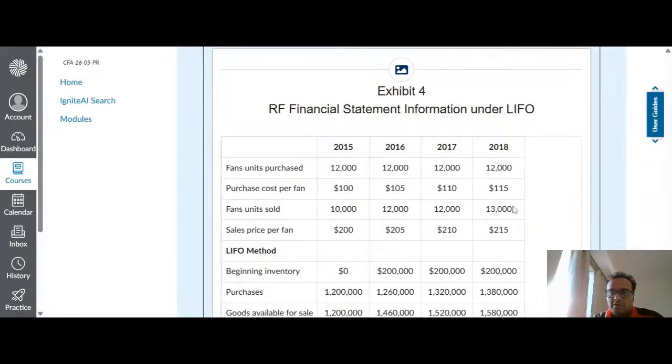It means that in 2018 they have sold everything from their purchases plus they have sold 1000 units from the 2015 purchase, where the cost was 100. It means 15 extra over 100. So 15 multiplied by 1000 quantity equals 15,000, which is in excess.